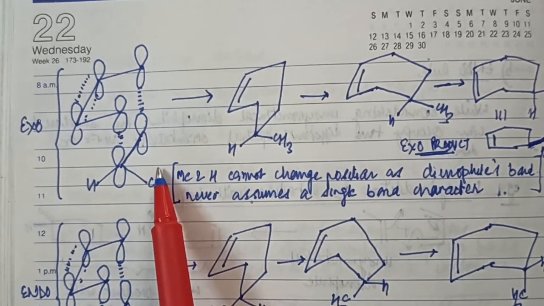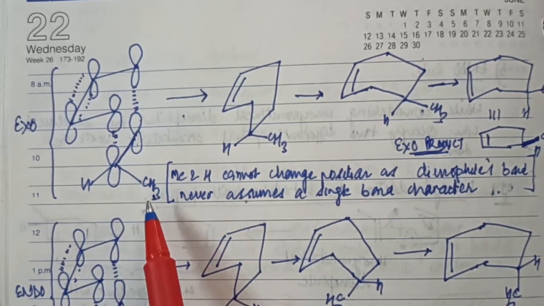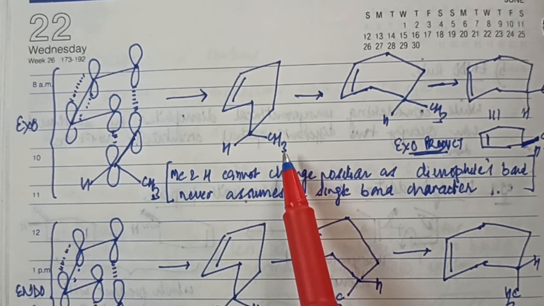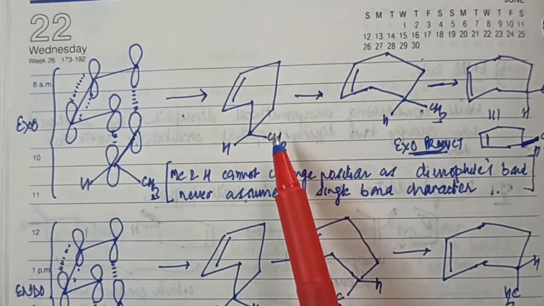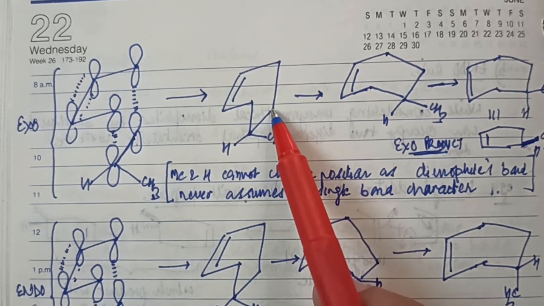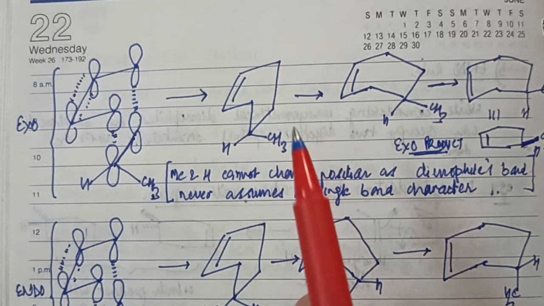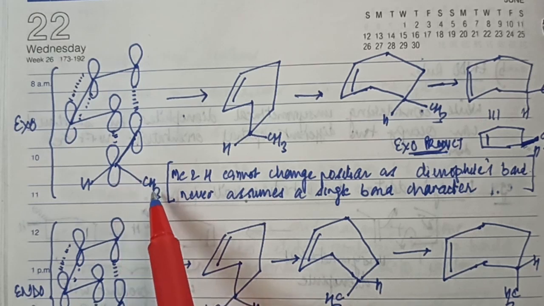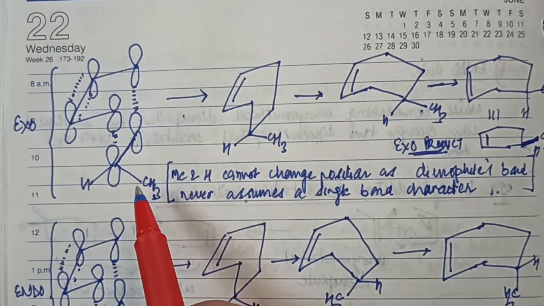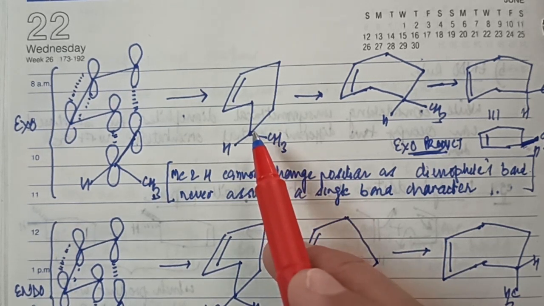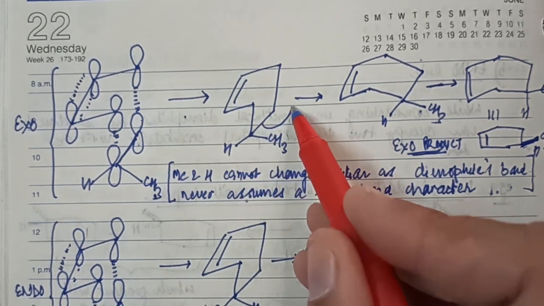Therefore, whatever is the positioning of the methyl in the reactant, if we are talking about the exo conformation, it will remain on the same side in the product also, without a change in its position, because the carbon-carbon bond is never permitted to rotate. Therefore, methyl, if it is on the right side in the reactant, since it's an exo conformation, will remain towards the right only.